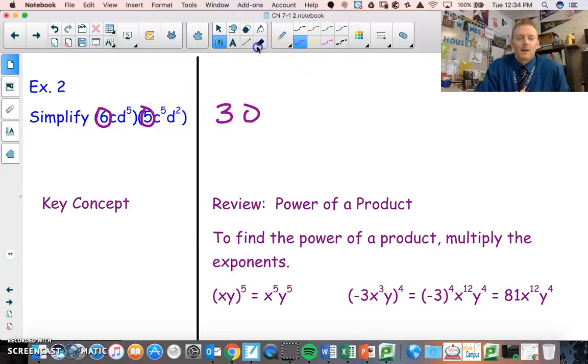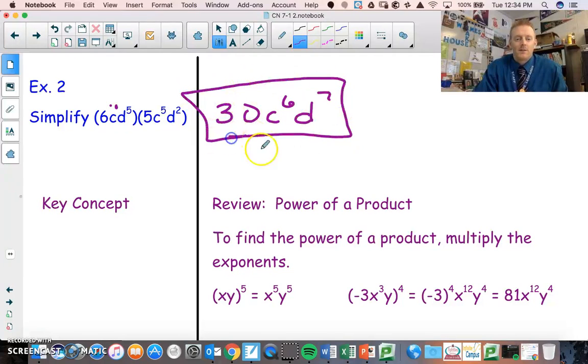And then my c to the 1st power, even though it's not written there, and my c to the 5th make a c to the 6th. Really common mistake there for people not to understand that that's 1c. And then my d to the 5th and d to the 2nd get multiplied together to make a d to the 7th. And all these things are one string of a monomial, and that is your answer for this one.